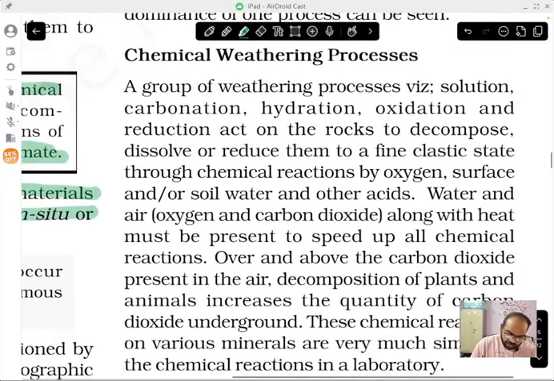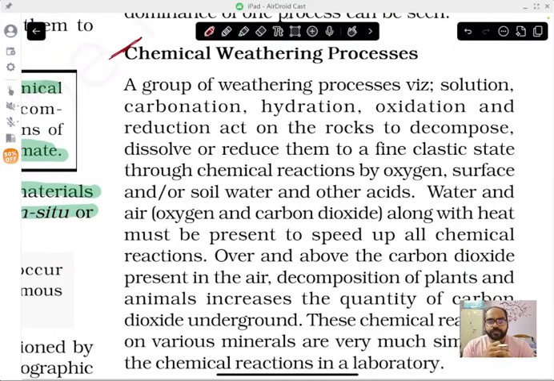Let's look into chemical weathering. Chemical weathering is nothing but the operation of chemical processes on earth materials. What are the different types of chemical processes? Oxidation, reduction, hydration, hydrolysis, carbonation.